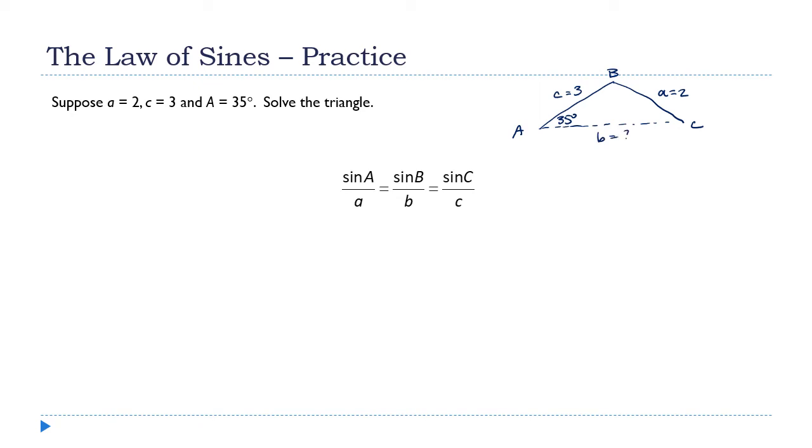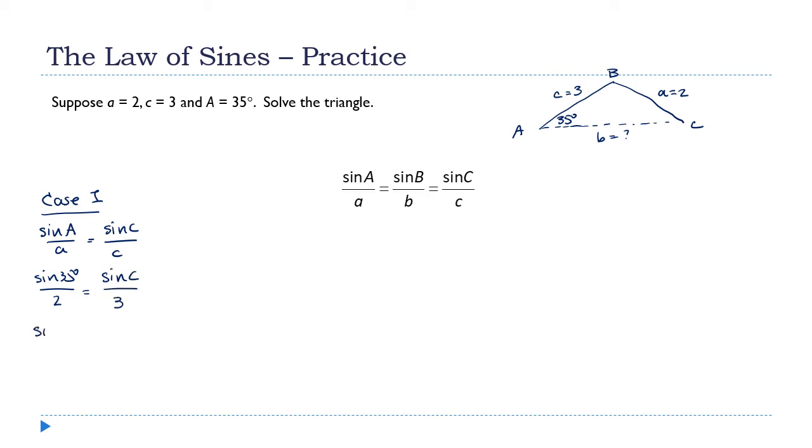Okay, so let's go through the process. Let's call this case 1. I'm going to do the sine of A over A equals the sine of C over C. That's sine 35 divided by 2 equals the sine of C over 3.